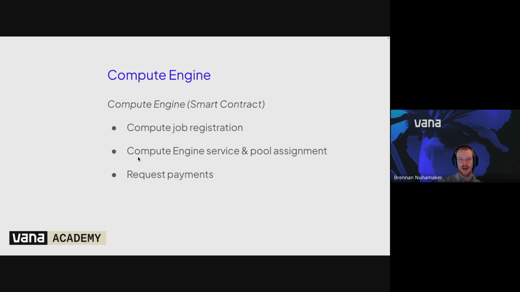And it automatically decides which compute engine service and which TEE pool, it's called, it should be assigned to, which means it's only allowed to run inside of that environment. This is just kind of a load balancing feature. It's not too important right now. And it can also request payments, but that isn't utilized yet.